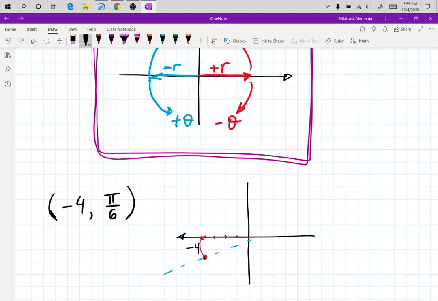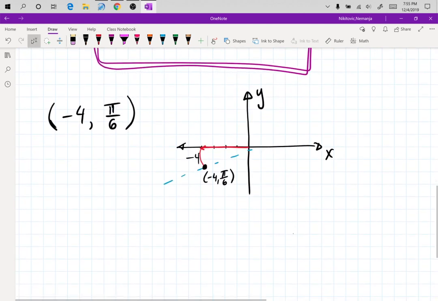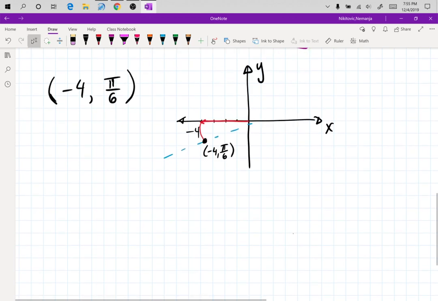So this point here is (-4, pi over 6). You still have your x and y on the graph. Cool? Of course, right? It's math. No problem.